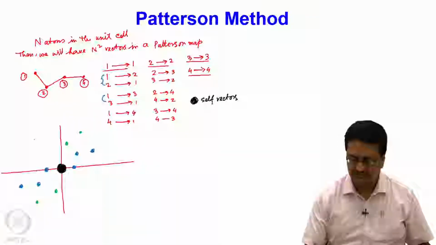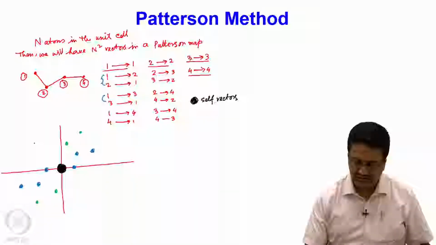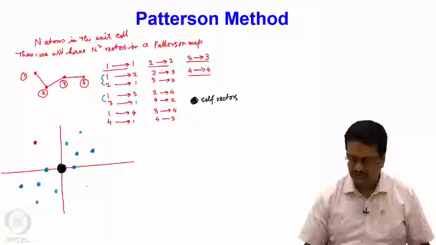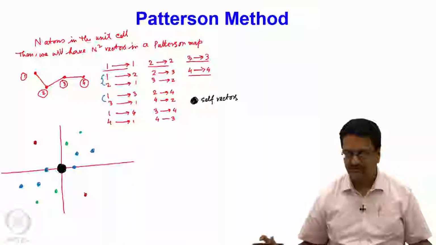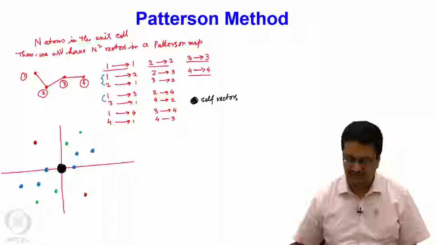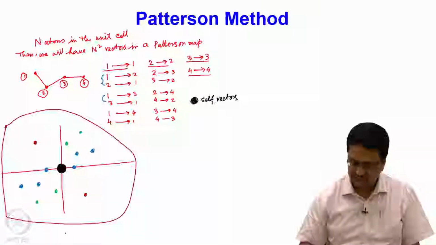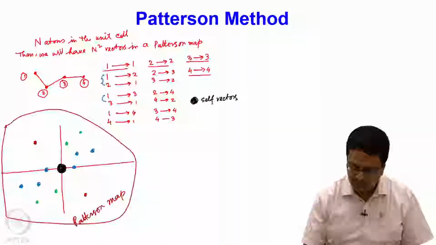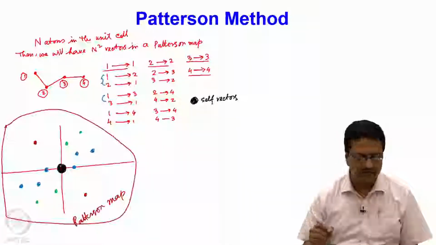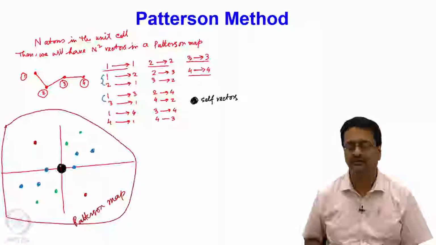Then one can have 3 to 4 appearing at some other point, whereas the 4 to 3 will appear like that. So, what we see in this particular map, which is generated here, is a Patterson map which is centrosymmetric with respect to the origin. So, always a Patterson map is centrosymmetric irrespective of the structure, whether it is centric or non-centric.